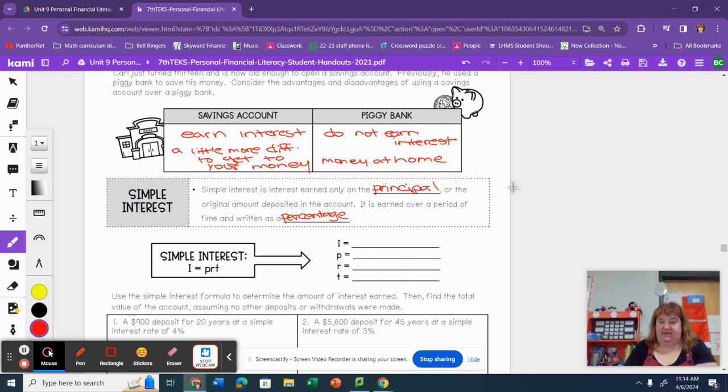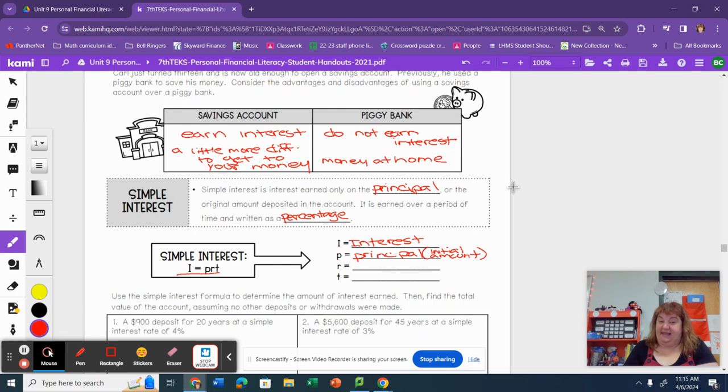So here's the formula. I equals PRT. I is the interest. So that's how much you make. P is that principal. That's the initial amount.